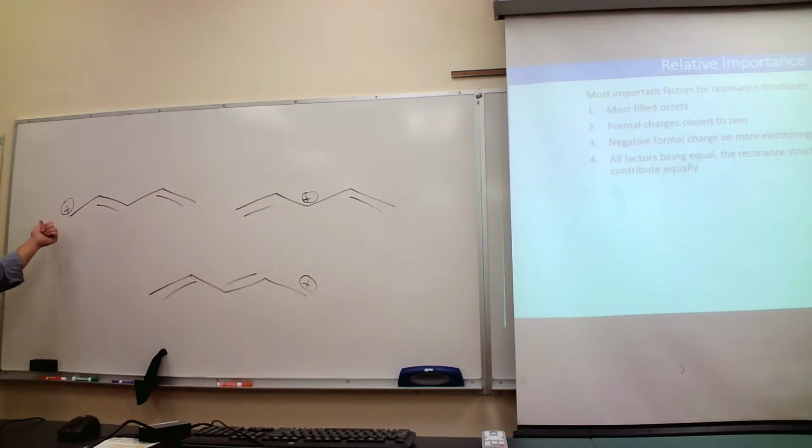They all have the same formal charge of 1 on a single carbon. There's no difference in the electronegativity of all these carbons. So 1, 2, and 3 are the same for all of these, so we'd say that all 3 of these contribute equally. In other words, it's about a normal average. So instead of being like 90% this and 10% that, it's a third, a third, a third.